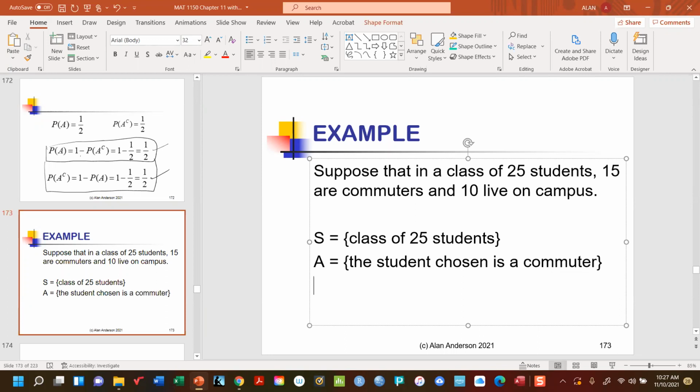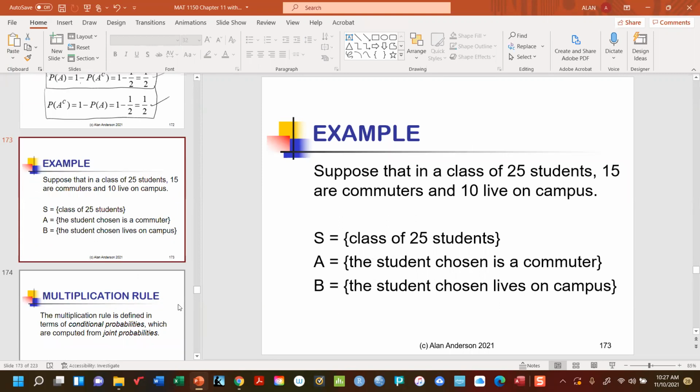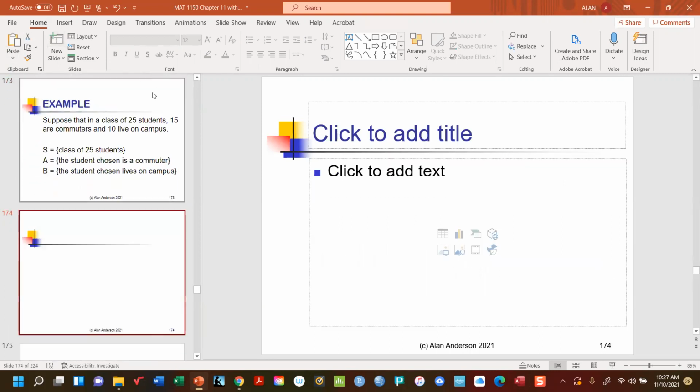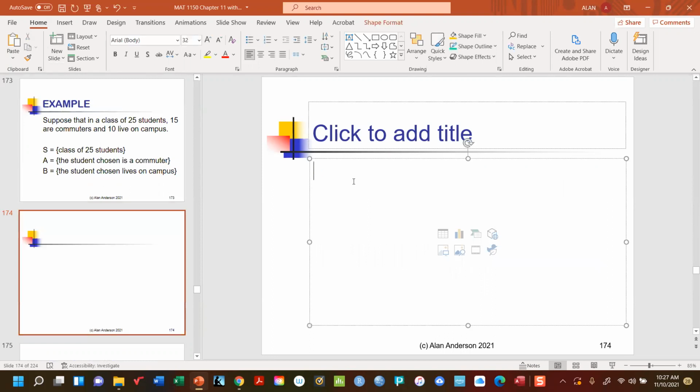And B would be the event, of course, that the student chosen lives on campus. So the first thing we want to ask ourselves, because clearly we're talking about the complement rule here, is: are A and B complements?